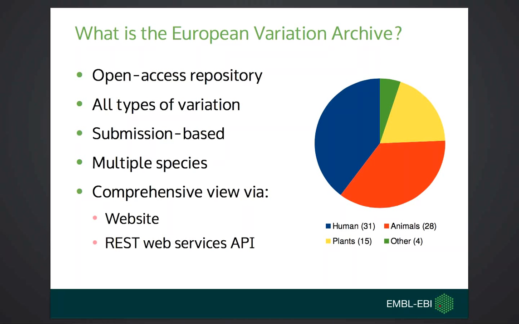We accept studies from any species also. Right now the majority of them are human-based, but we also have a lot of animal studies, plants, and others such as parasites. And all this data is available via the website or the API that I will describe later.